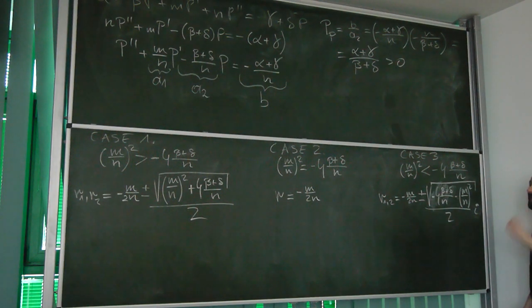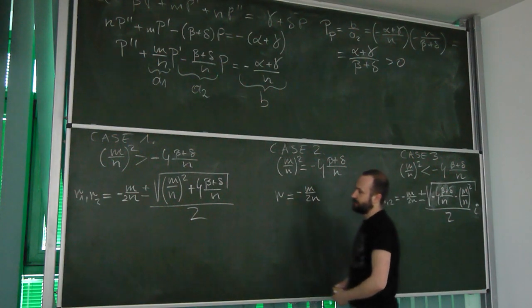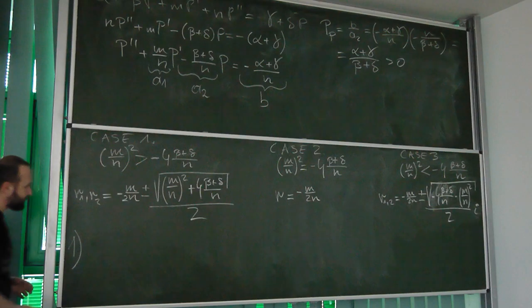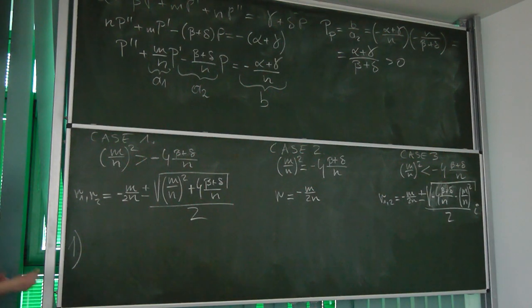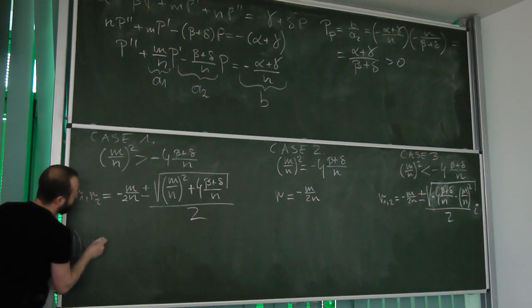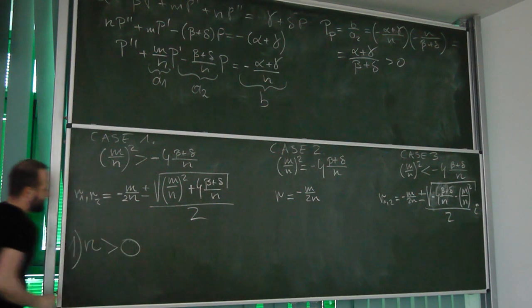And now look, what we are interested in is whether the equilibrium level that we found is stable. And in order to achieve that, we need to consider some cases. So let's start with case number 1. So what if n is bigger than 0?